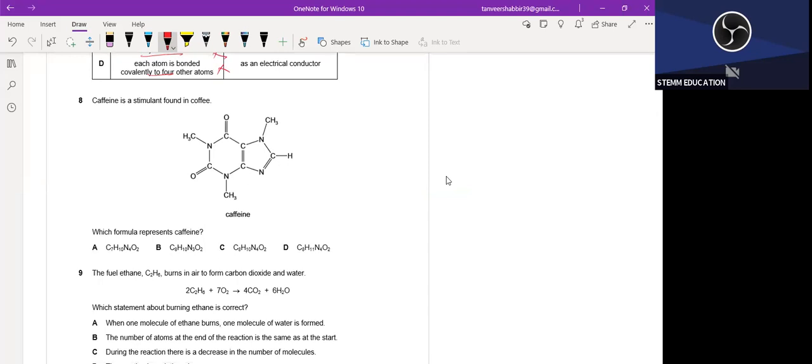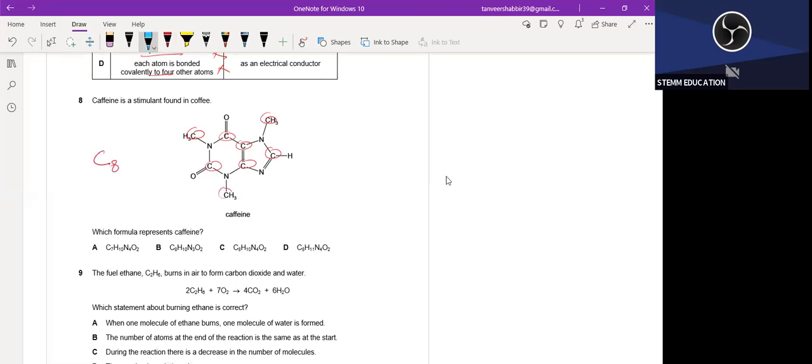Now, caffeine is a stimulant found in coffee. This is the structural formula of caffeine. Which formula represents caffeine? First we need to count how many carbons are present in caffeine: 1, 2, 3, 4, 5, 6, 7, 8. So carbon is 8.